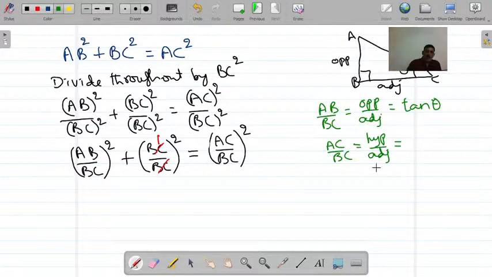I hope you can hear my question. What is hypotenuse by adjacent? Type it in the chat box. I am asking about hypotenuse by adjacent. What is the trigonometric ratio? Just try.